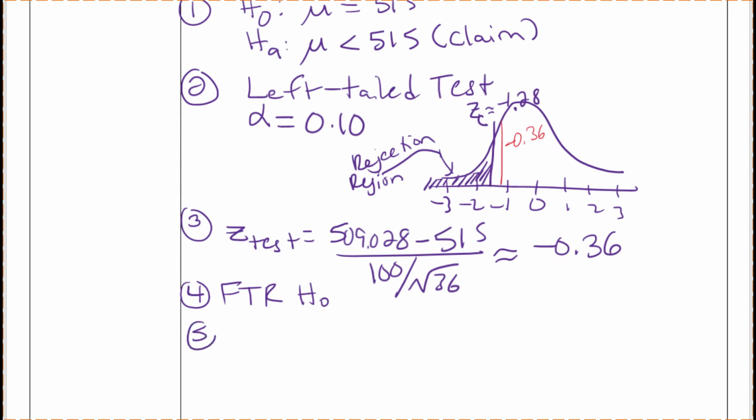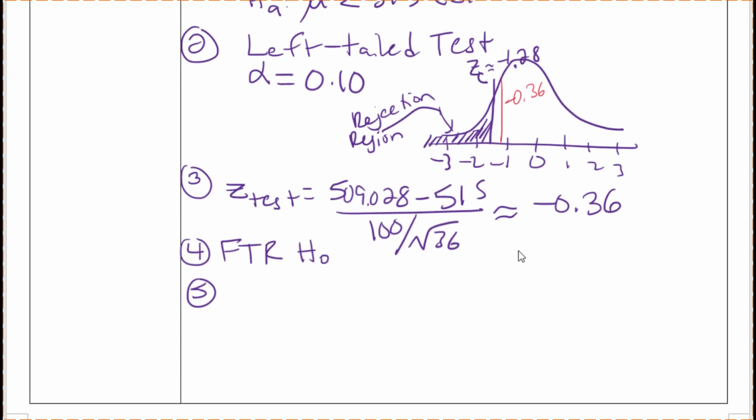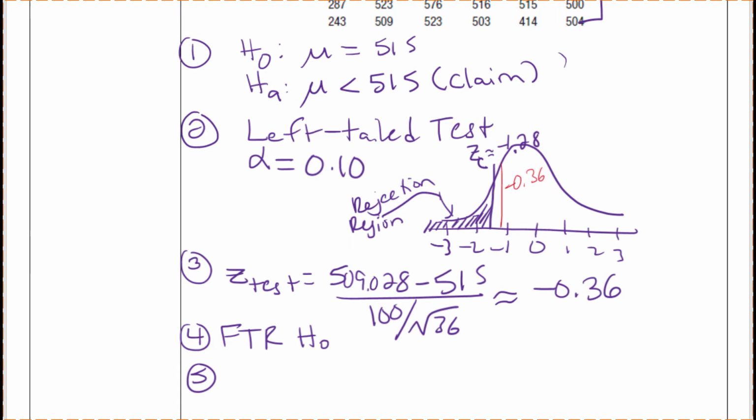That's our decision. So step 5, since we fail to reject, we're going to use the phrase, there is not enough evidence. Since our claim belongs to our alternative hypothesis, we're going to use the word support instead of reject.